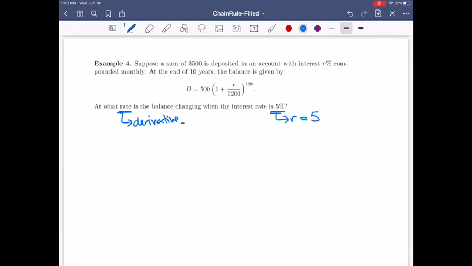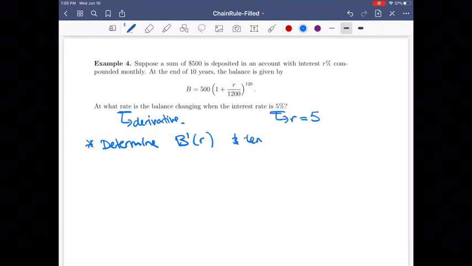So we're talking about an instantaneous rate of change. So we want a derivative. So what we want to do is determine B prime of R, the derivative with respect to R, and then evaluate at R equals 5.